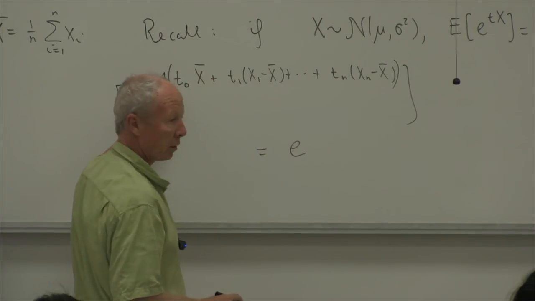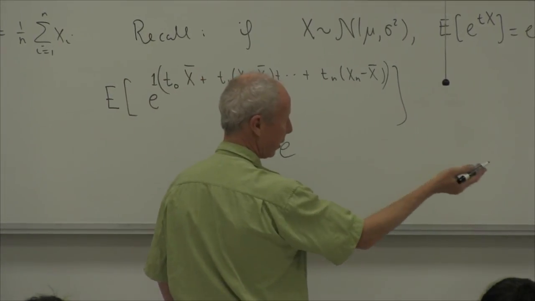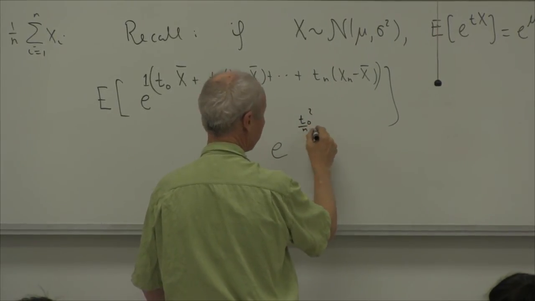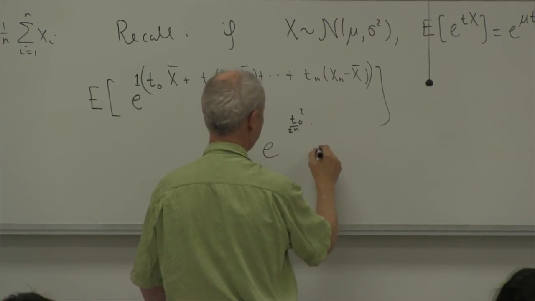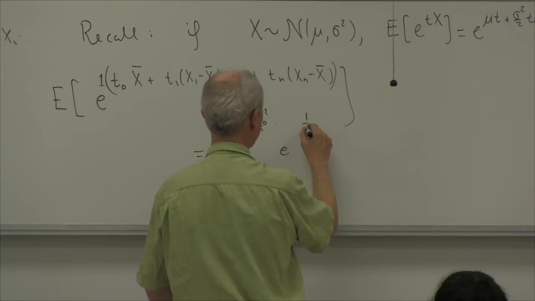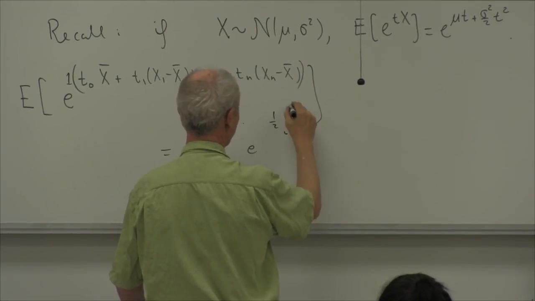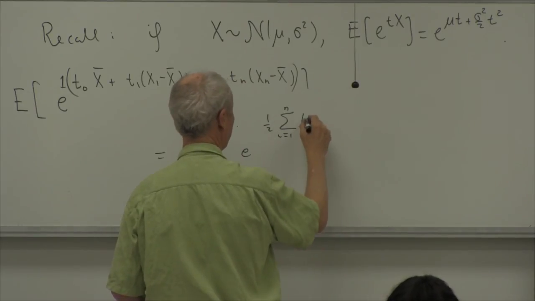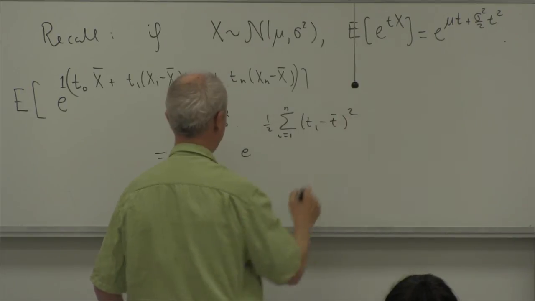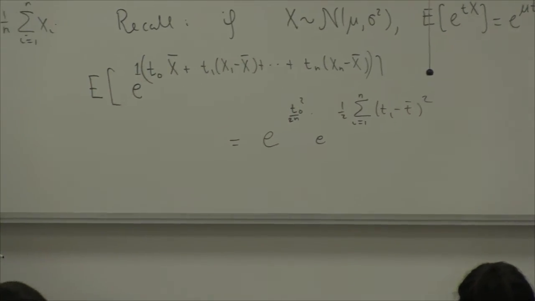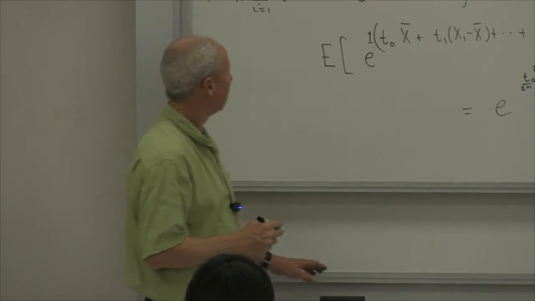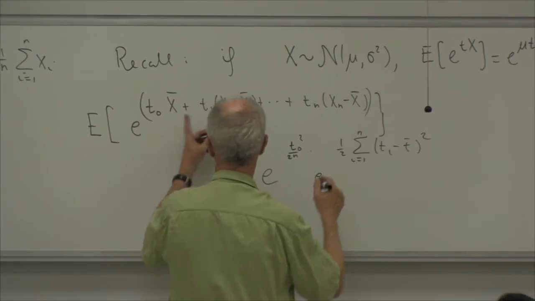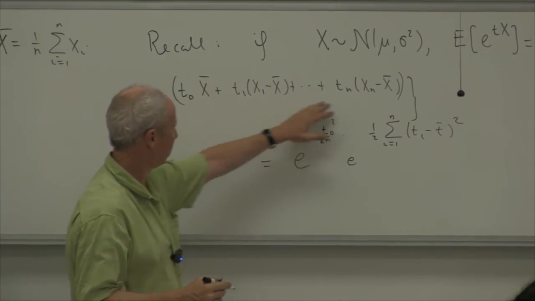I'm taking t equal 1. So I'd get just half the variance: t naught squared over 2n, and then times e to the 1/2 sum, i equal 1 to n, of (ti minus t bar) squared. So I find that the expected value of this thing, the moment generating function for this complicated vector form, is this.